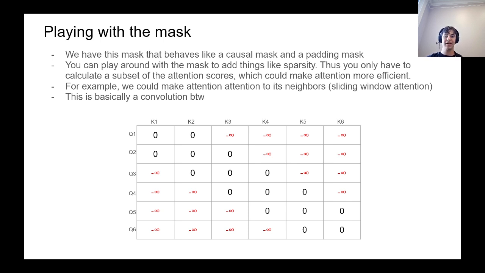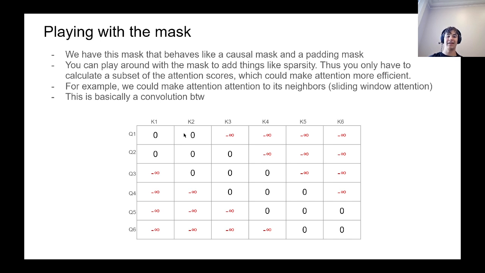For example, let's do this thing called sliding window attention. Sliding window attention basically says, the diagonal is the attention from a token to itself, and one off the diagonal is saying the token before me can send me attention, and one off the diagonal to the right is saying the token after me can send information to me.